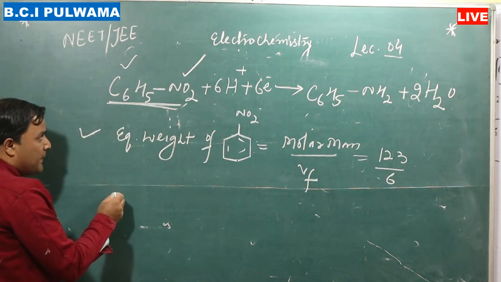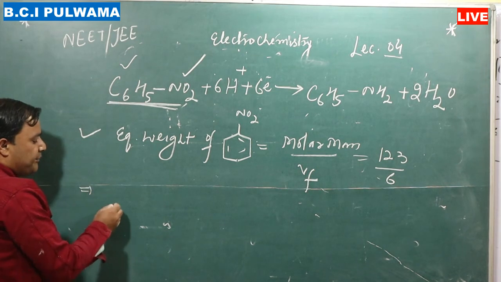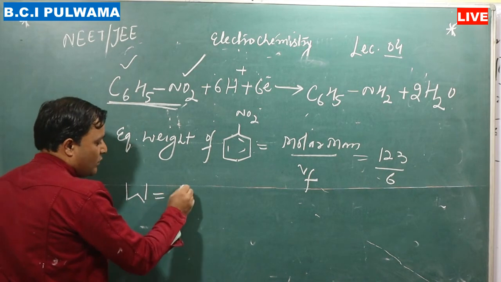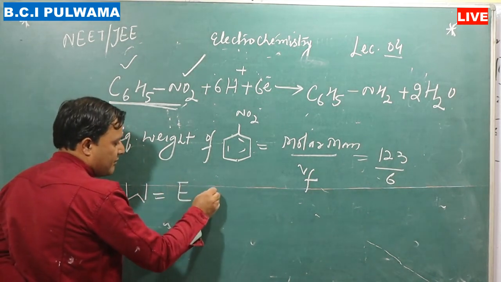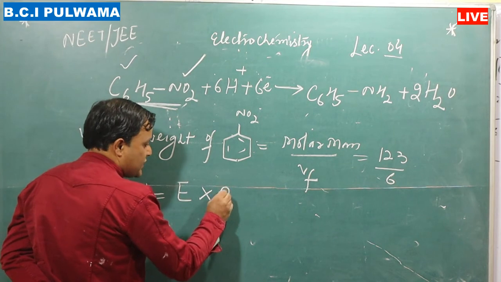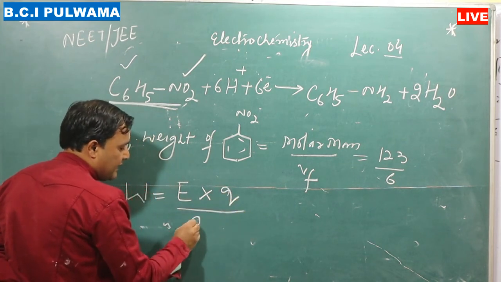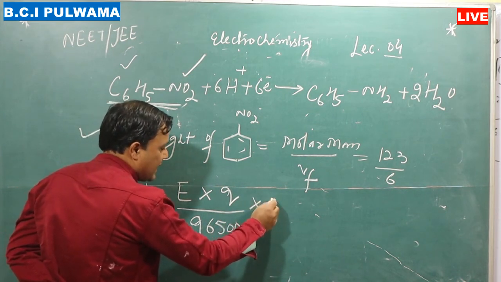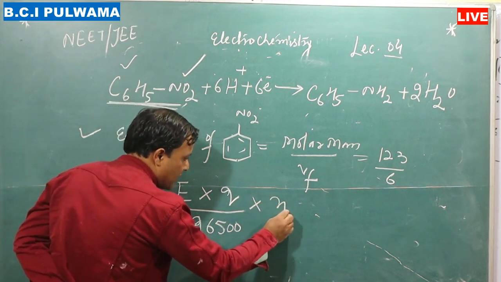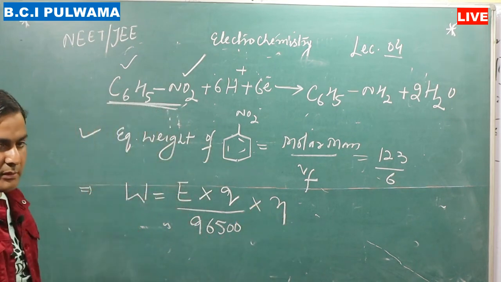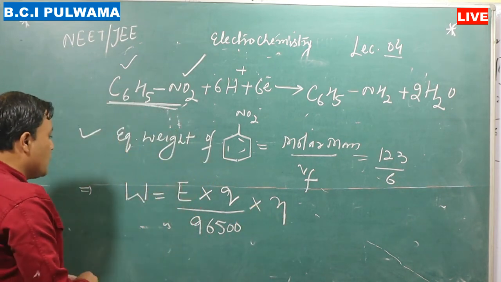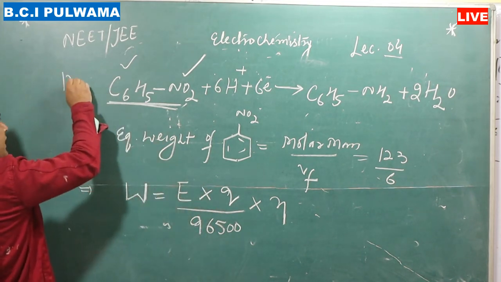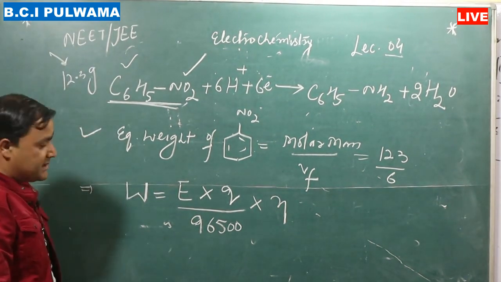What's the formula? The formula sheet contains that mass of the substance is equal to equivalent weight multiplied by charge Q divided by 96500, multiplied by efficiency. The mass of the substance, as the question asks, is 12.3 grams of nitrobenzene.